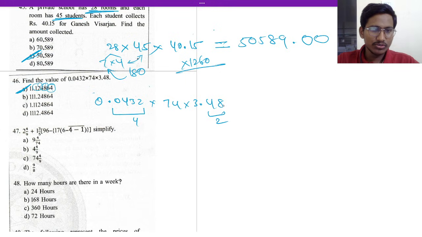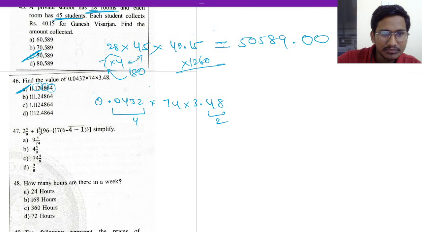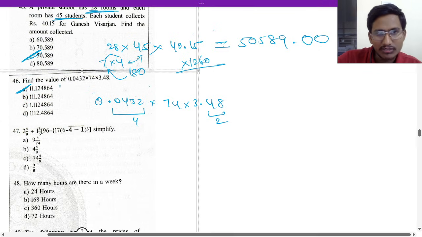So 0.0432 into 74 into 3.48. So the answer is option A only. So option A is correct.